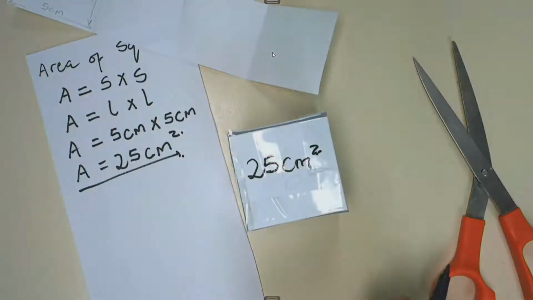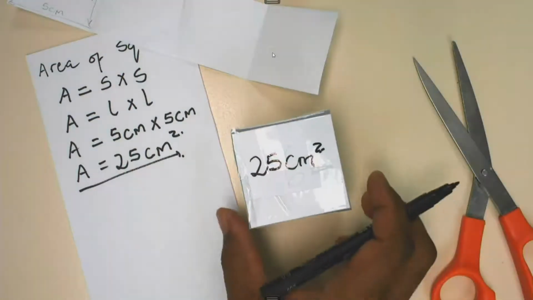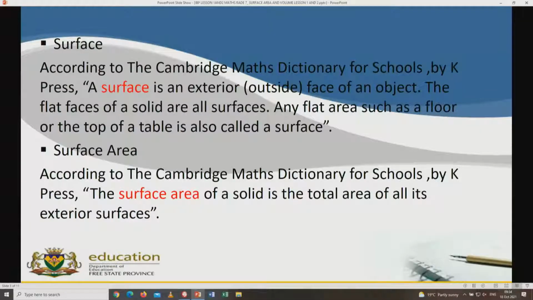And therefore, let's go back again to the definition. The definition said, according to the Math Dictionary, the surface area of a solid, in this case we are referring to a cube, is the total area of all its exterior surfaces.